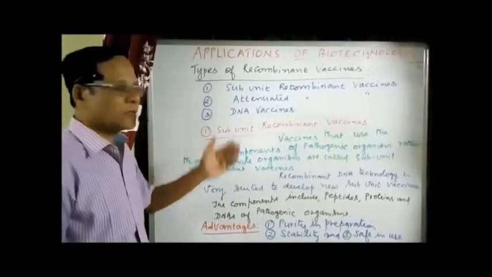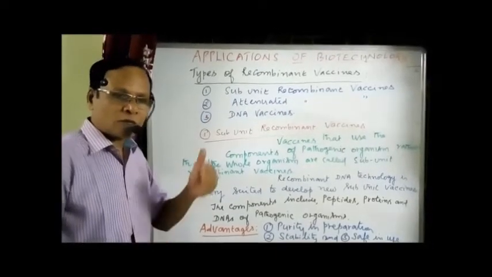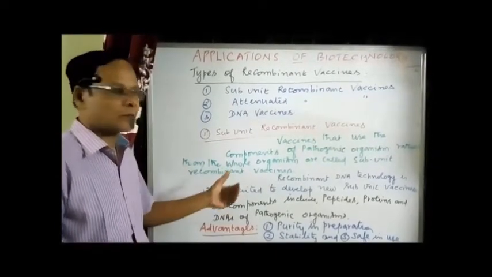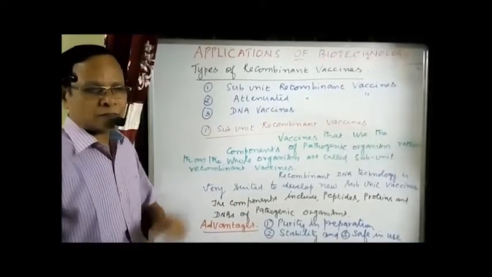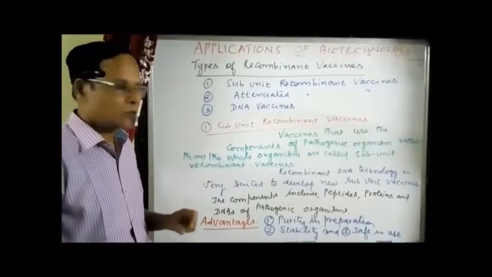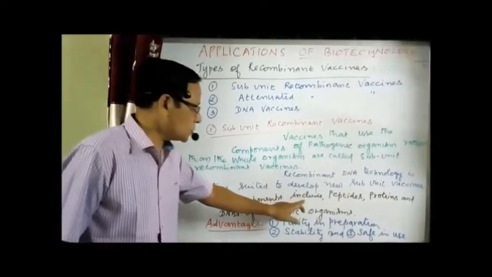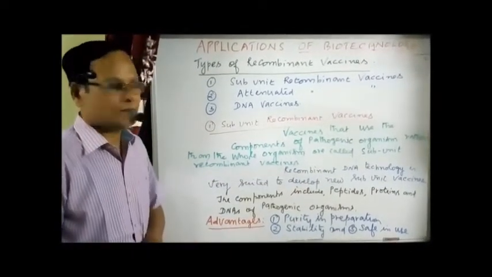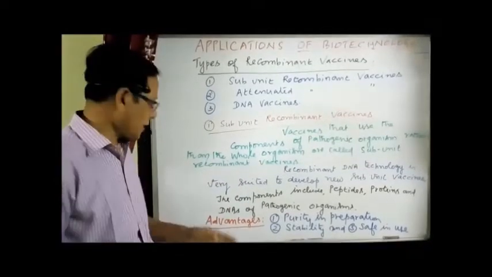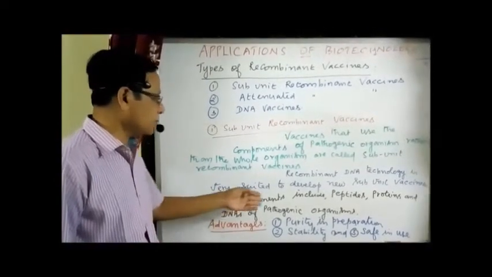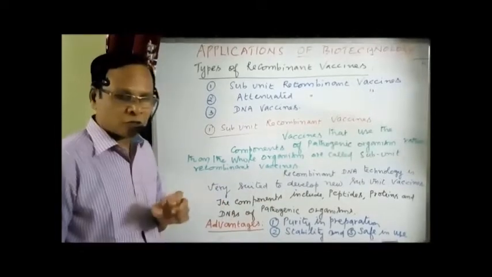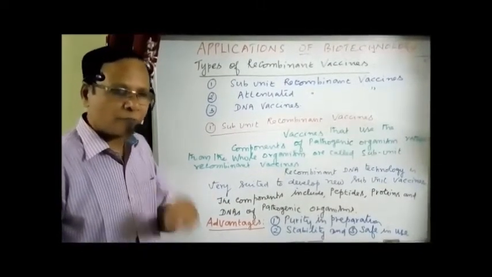We are using only the subunits. What are the subunits used for the preparation? The components normally used for the preparation of the vaccine include 1, peptides, 2, proteins, and the DNAs of pathogenic organisms. I mentioned already, not the entire organism, only a component.